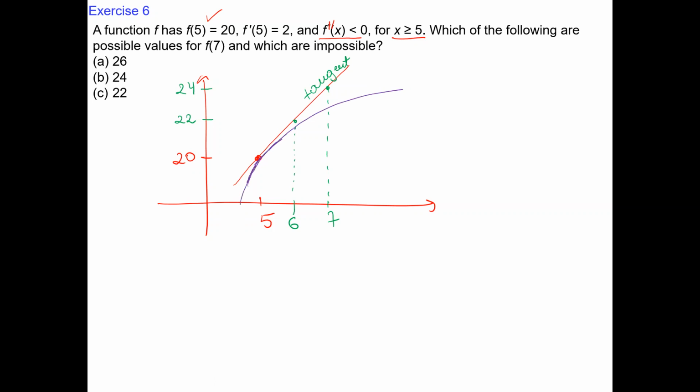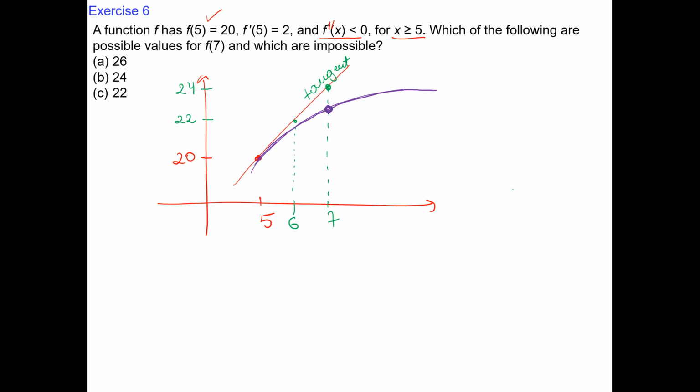We remember the function is concave down starting at 5. I don't want to go beyond that because we only have this information. That means now we can nicely see the value at 7 cannot be 24, because 24 would be the approximation using the tangent line, but the actual value is somewhere below.